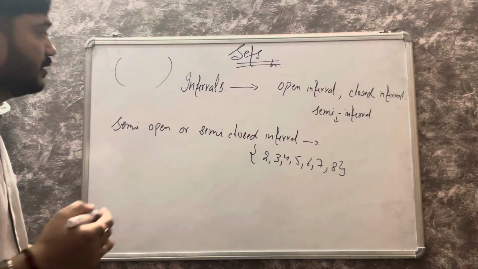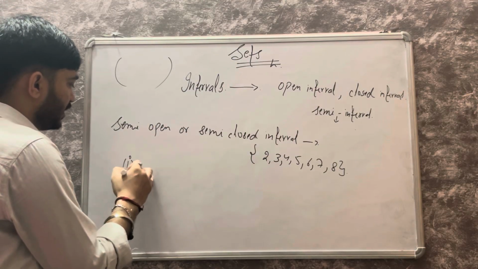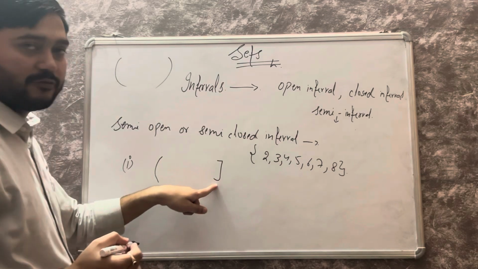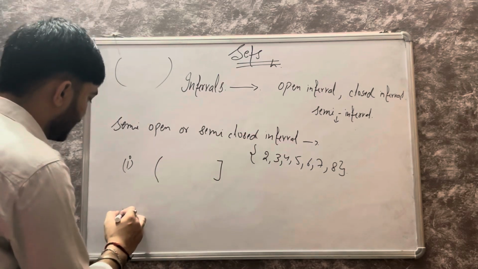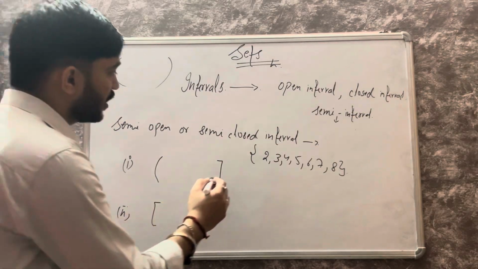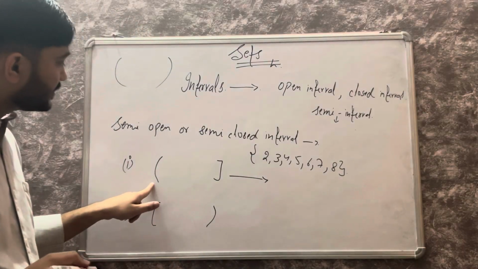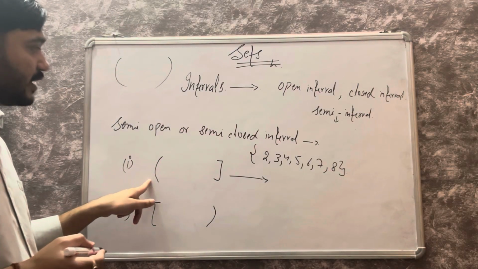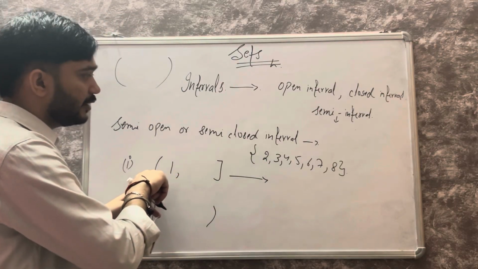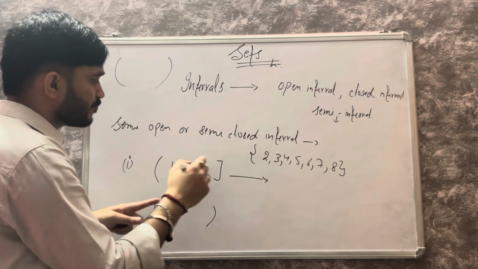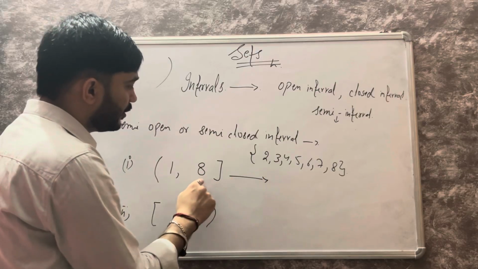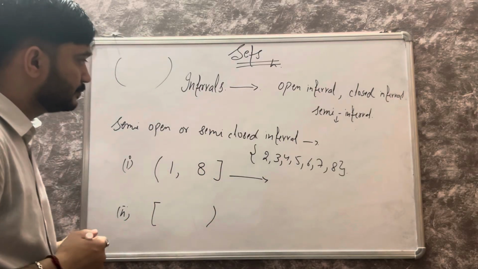As the name suggests, there are two types of semi-open and semi-closed intervals. Firstly, open from the start and closed at the end. And second, closed from the start and open at the end. The first interval shows that the set is open from the starting side, so we write 1 because 2 is not included here, and 8 here because the last value is included, as it is closed at the ending part.